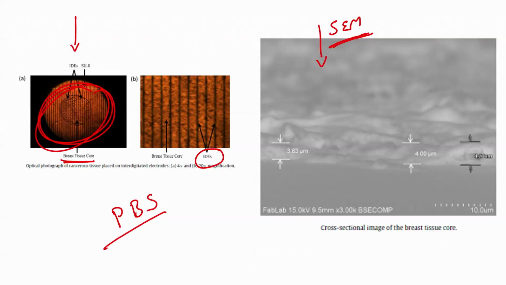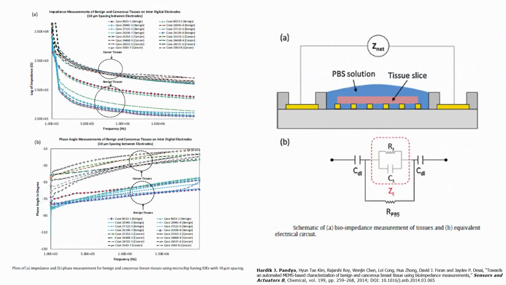So, now if I load this PBS onto the tissue, then it should look like this, right: I have the contact for measuring the impedance, I have a tissue slice which is my breast tissue slice, and then I have PBS solution to preserve the tissue.